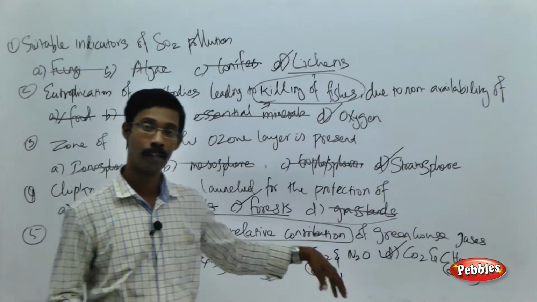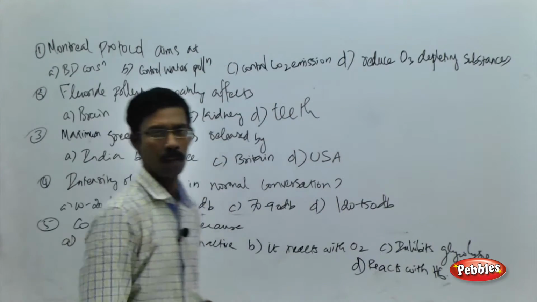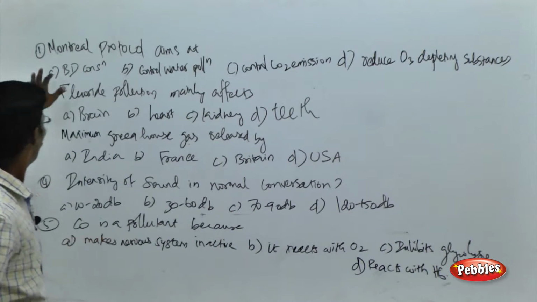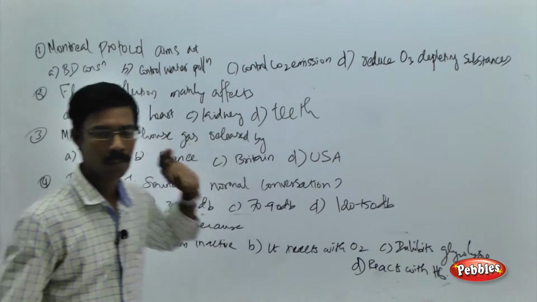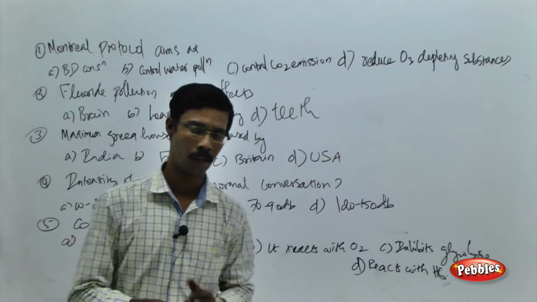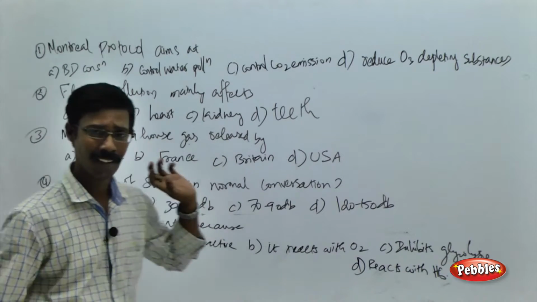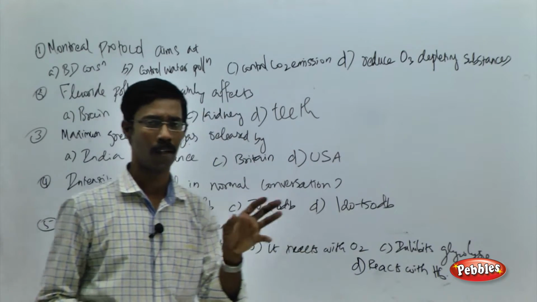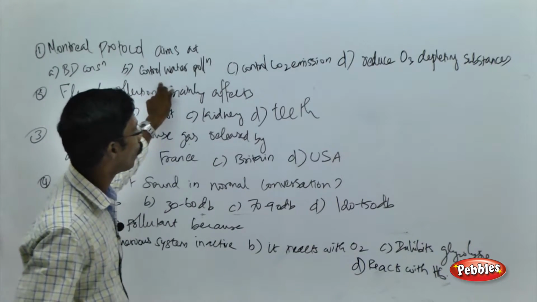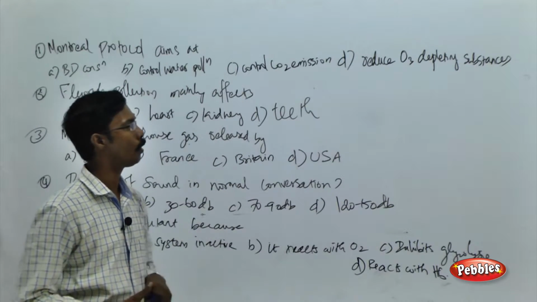Fine. Now we are going to see the next set of questions. See the first question over here. Montreal Protocol aims at... as I told you, the Montreal Protocol was in Canada. And they discussed something about ozone layer depletion. See the choices: biodiversity conservation, control of water pollution, control of carbon dioxide emission, and reduce the ozone depleting substances.